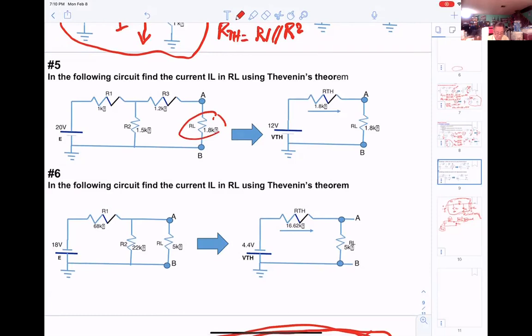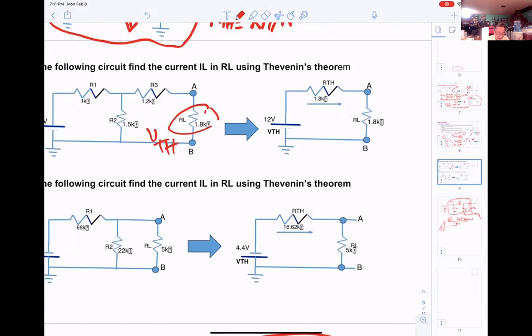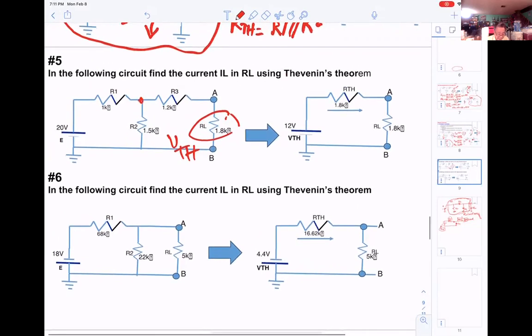And now you take the VThevenin, that means the voltage from A to B, and basically since it's open, that's the same voltage as VR2. Doing the same thing, VR2 will be equal to 20 volt times R2 divided by R1 plus R2. That's why you get VThevenin of 12 volt.